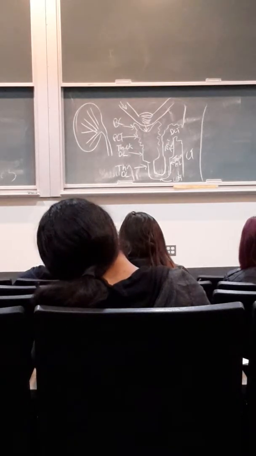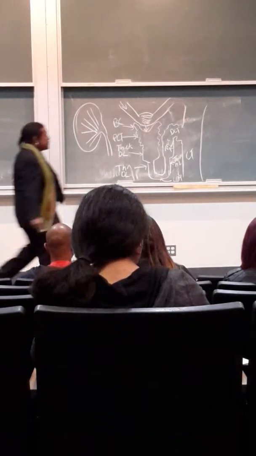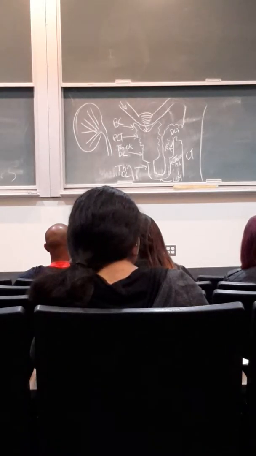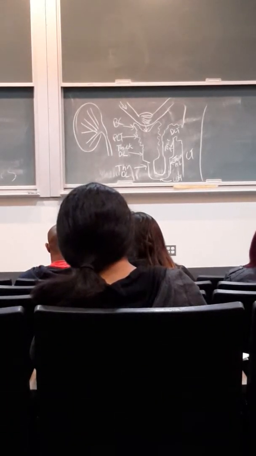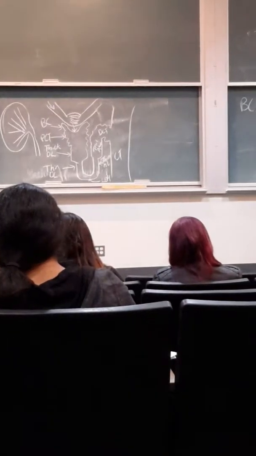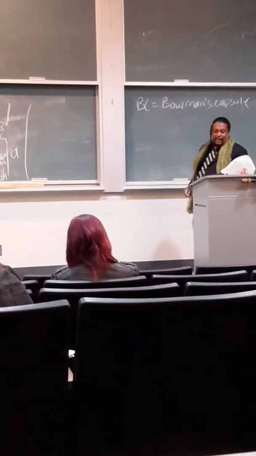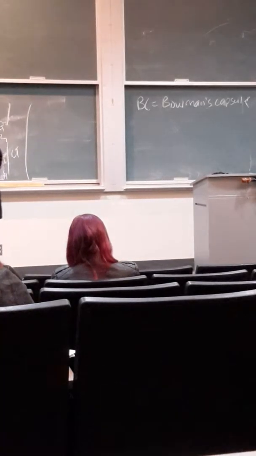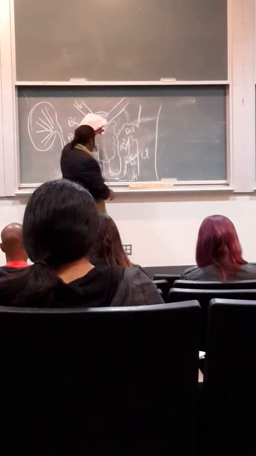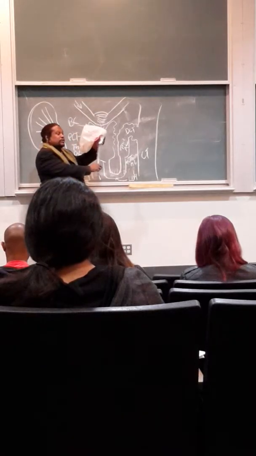So the blood comes through the afferent. You generate this ultrafiltrate, and the ultrafiltrate is going to go through the Bowman's capsule, named after some guy named Bowman. And the Bowman's capsule, I brought one. So this would be the proximal convoluted tubule.